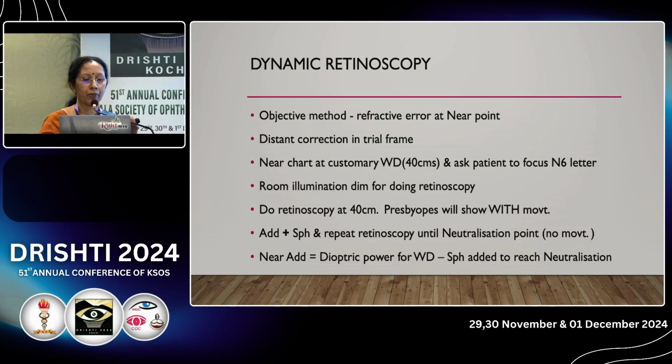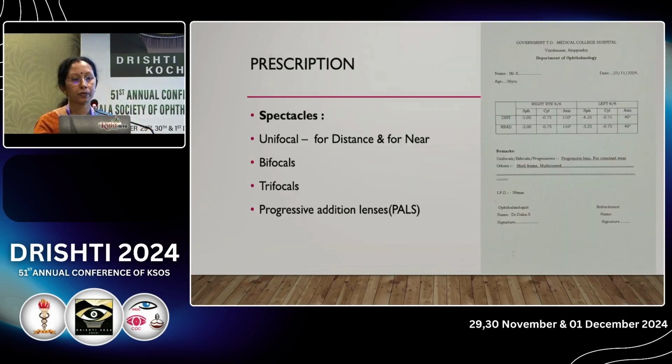The examiner sits at 40 centimeters and does the retinoscopy. The presbyope will show a with movement and you add plus spheres to the trial frame until the point of neutralization is reached. And the near add is the dioptric power of the working distance minus the spherical add which you have put in the trial frame for neutralization.